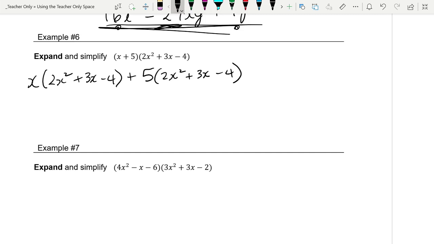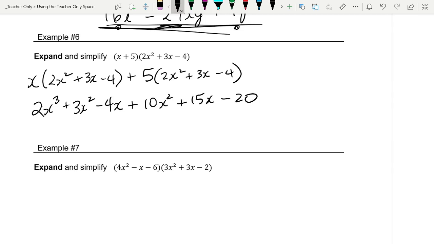So x times all of this will be 2x cubed plus 3x squared minus 4x plus 10x squared plus 15x minus 20.